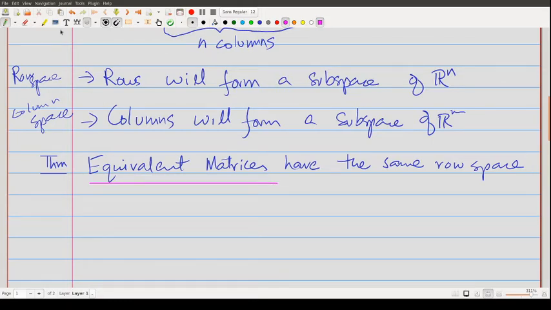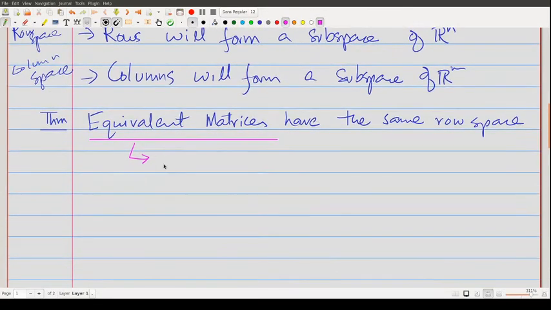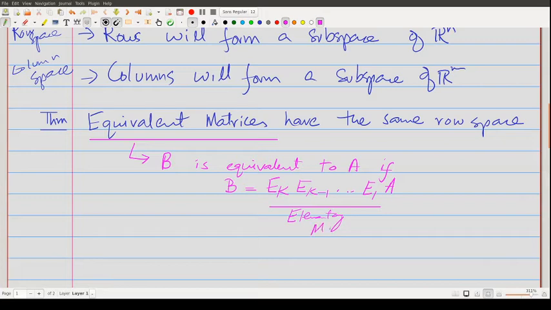B is equivalent to A if we can express B as E_k minus 1 dot dot dot E_1 A, where these are elementary matrices.